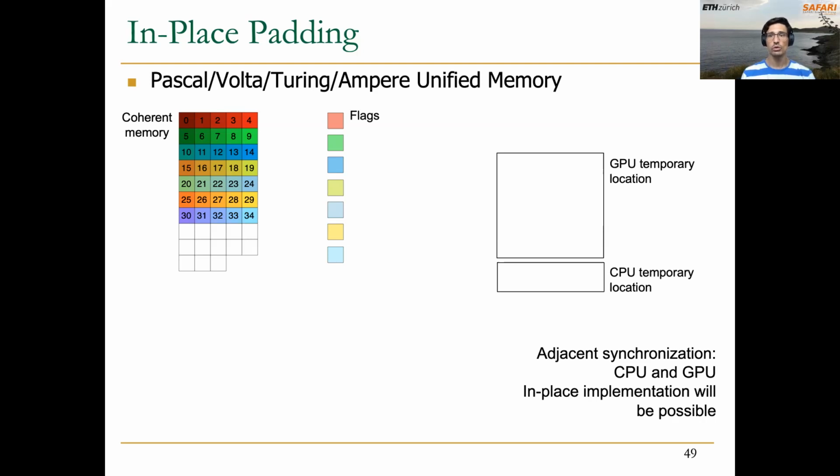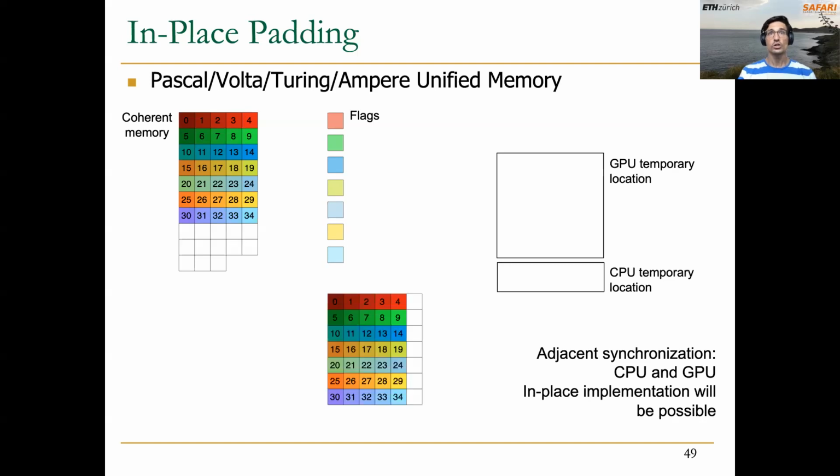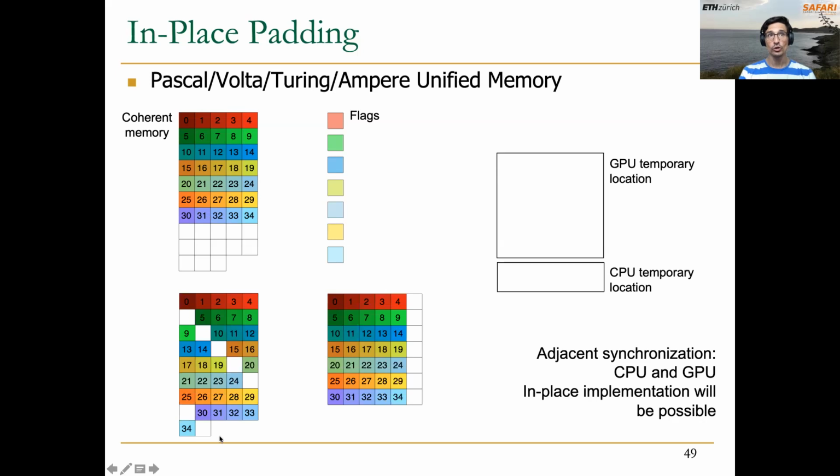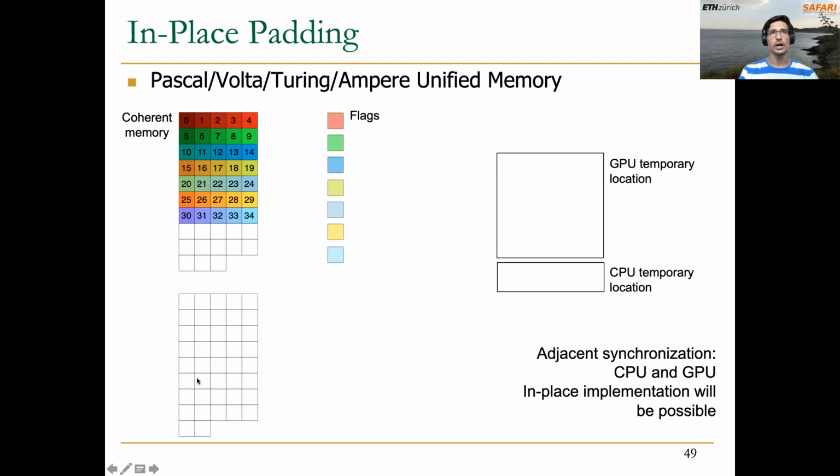In the case of the GPU, it will typically be shared memory and/or registers. This is what we want to obtain, the matrix after performing the padding operation. But this is how it's going to look in memory exactly, because remember that memory is linear. That's essentially how the data is going to be mapped onto memory.